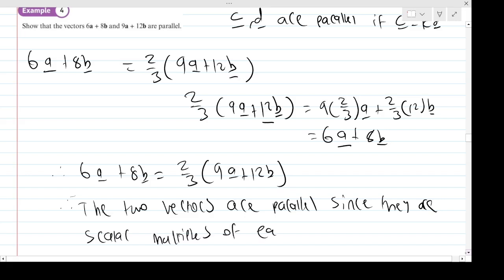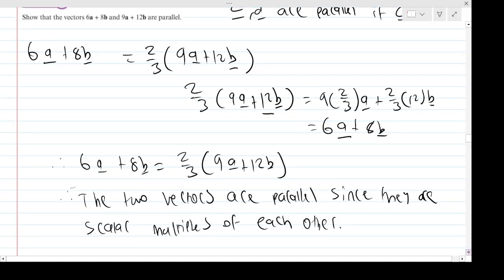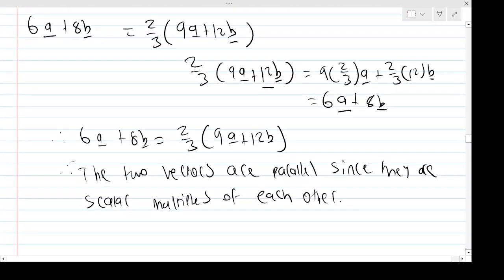Basically meaning there's a multiple between them, in this case 2/3, but that's the reasoning we use here. So hopefully you can spot that to get from 9a + 12b, I multiply by 2/3, and then I get that vector there. So they're multiples of each other, hence they have to be parallel. Okay, cool.